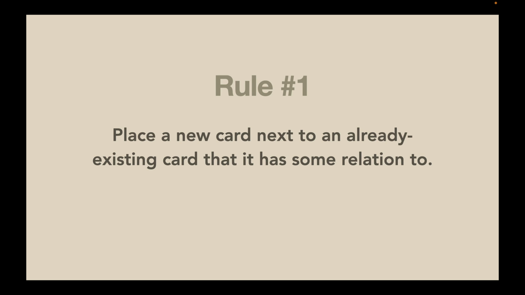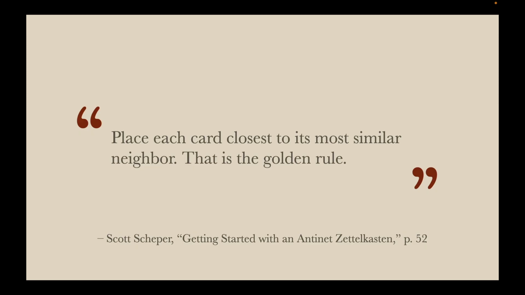In some cases, this relation will be one of similarity. It seems that Scheper thinks this is the most important kind of relation to focus on, since he says, "Place each card closest to its most similar neighbor. That is the golden rule." However, there are other kinds of relations that two cards could have to each other that could justify placing them close to each other.